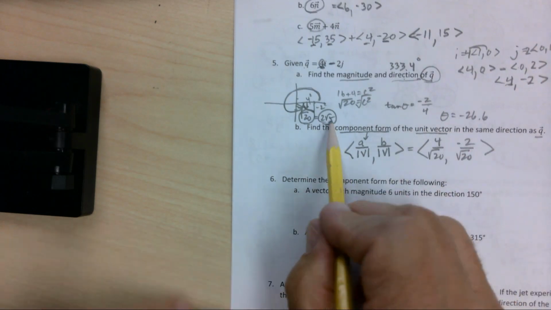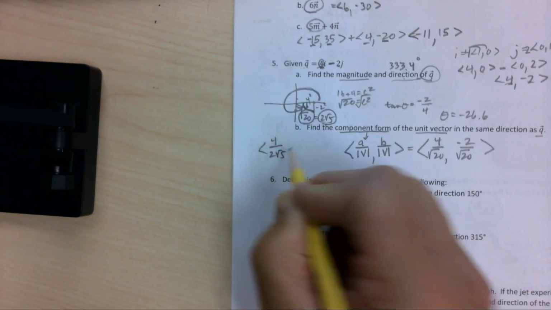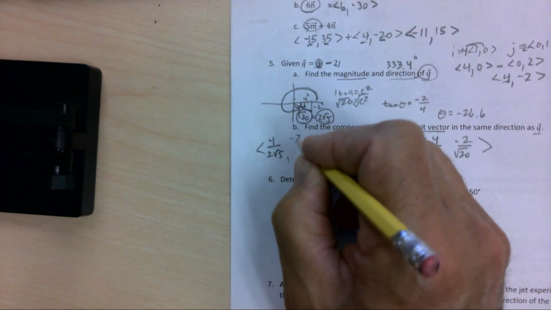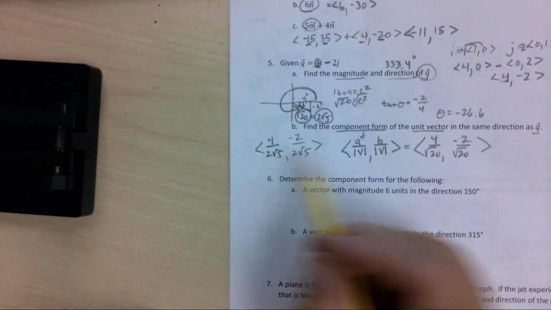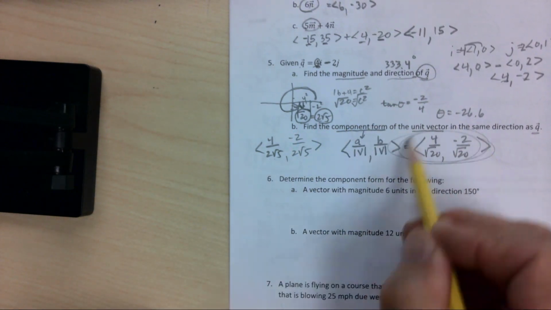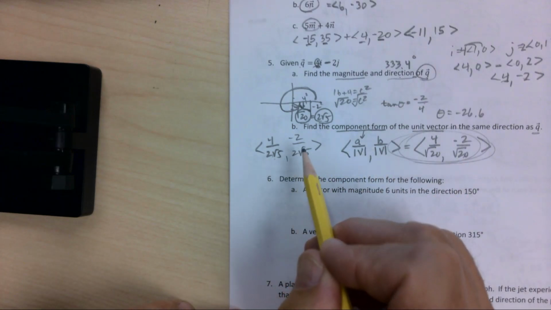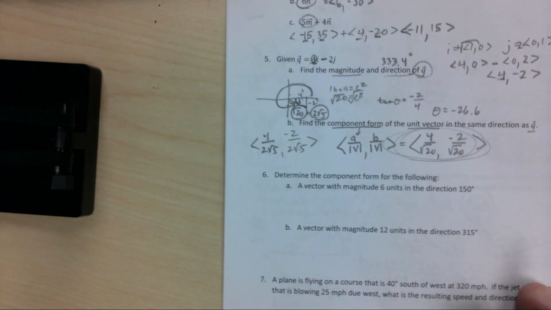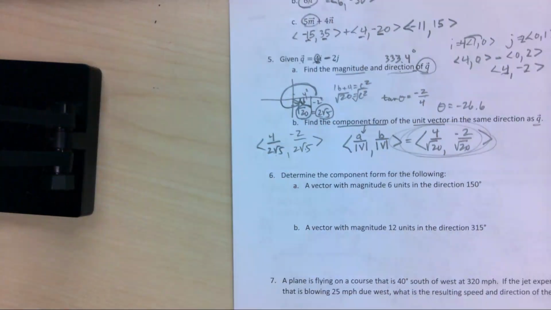Now, if you did reduce it, you would get 4 over 2 square root of 5, negative 2 over 2 square root of 5. But for some reason in this world, they typically leave it alone and they don't worry about getting that reduced or getting the radical out of the denominator, but you could take the time to do that. I'm just not going to take up video time to do so. So that ends part 1 of the review video.